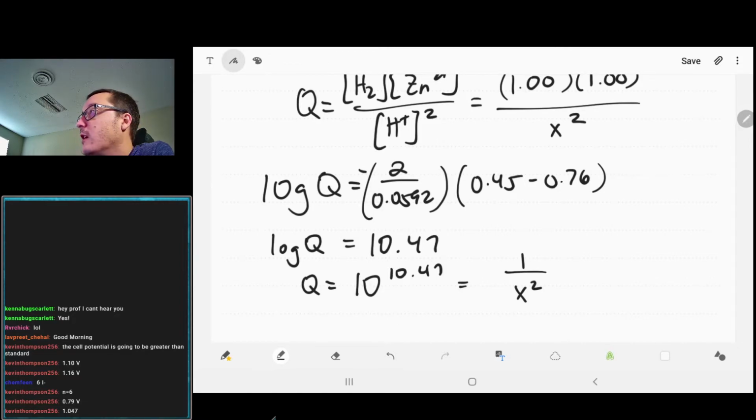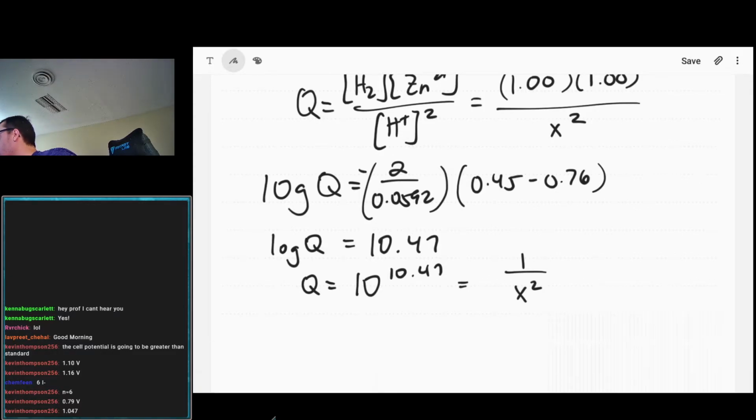Oh, thank goodness, it's not 10. It says 1.47. Let's see if we have it here in the problem, because I hate calculating with this. No, I think it is something really big like this.